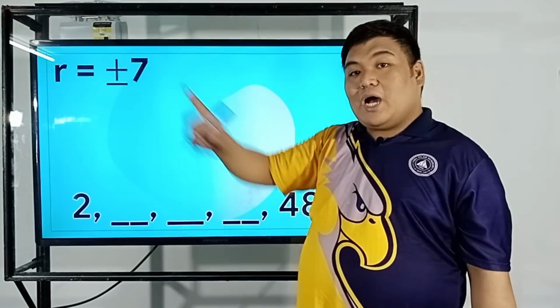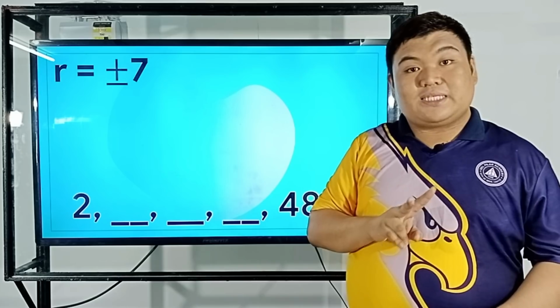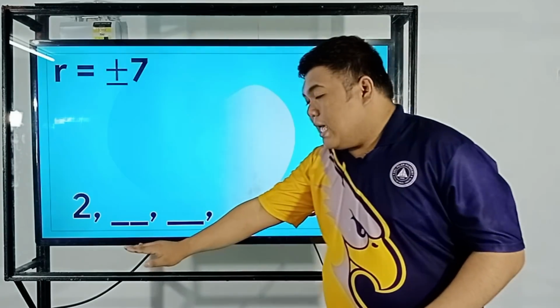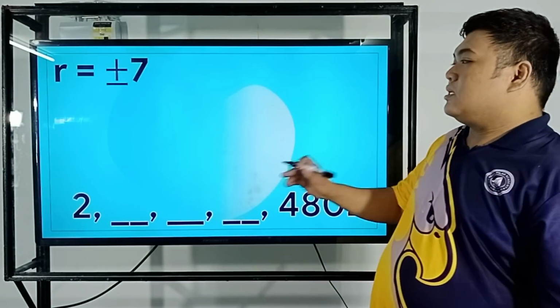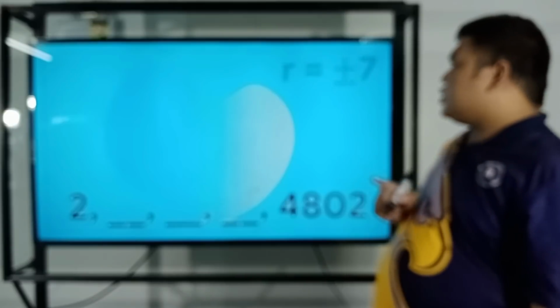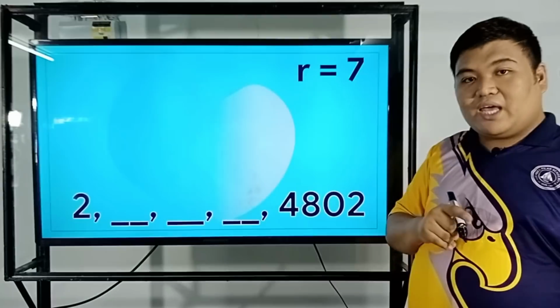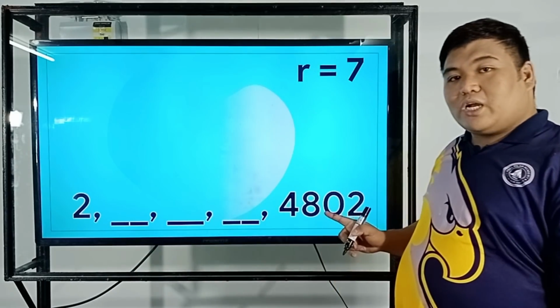So, since dalawa ang common ratio, that means dalawang set of missing terms. Now, if the common ratio is positive 7, ano yung mga magiging missing terms?